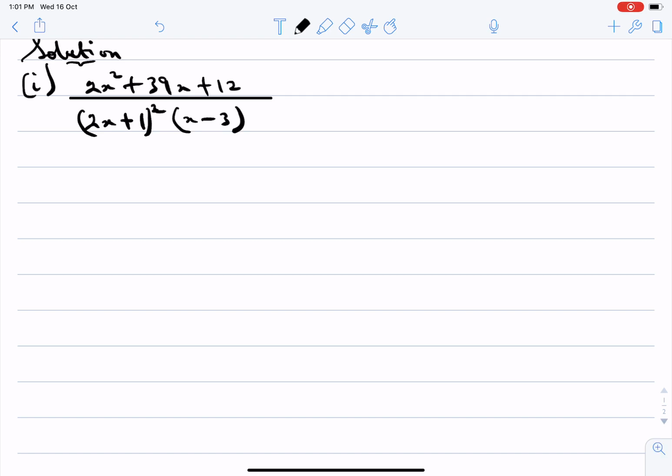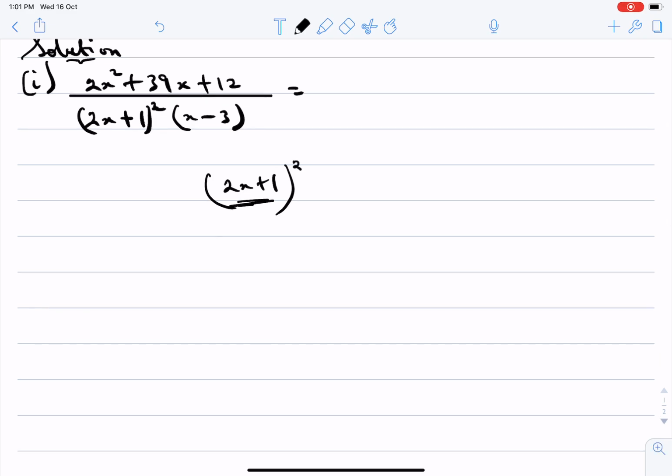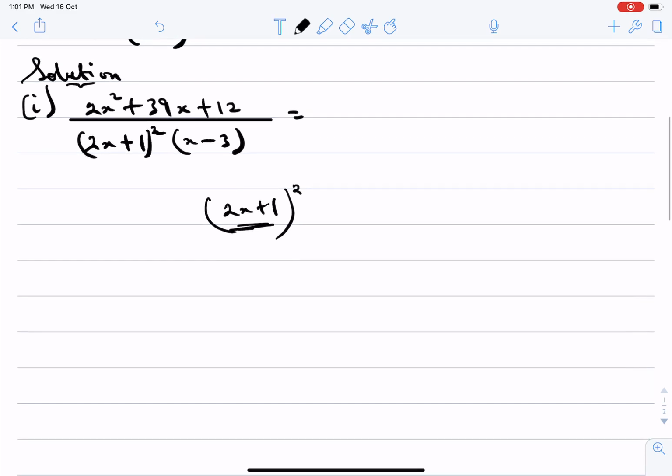This is a compound fraction we want to resolve into partial fractions, and we know the rules. The factor 2x plus 1 is a linear factor, but it is a repeated factor because its power is greater than 1. It has an exponent 2, which is greater than 1. That means it is repeated.